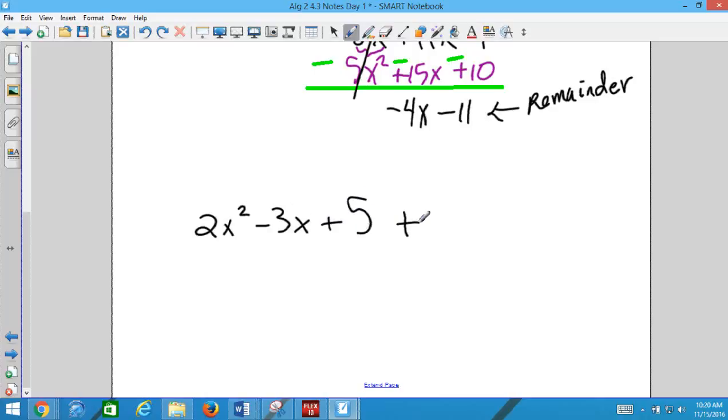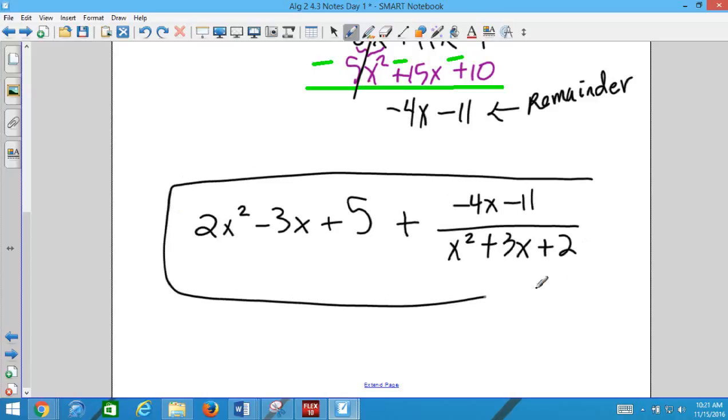Then we put a plus sign, and we put our remainder, negative 4x minus 11, over our divisor, x squared plus 3x plus 2. So you just put the remainder over the original divisor, just like you did back in 5th grade when you learned long division.